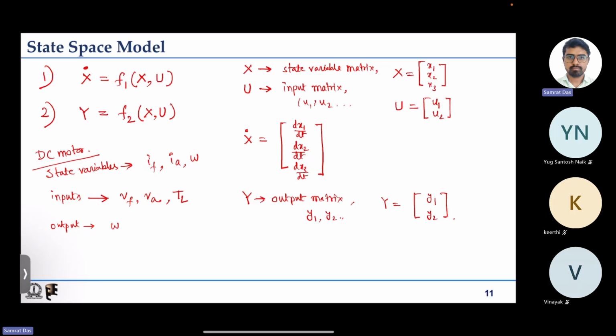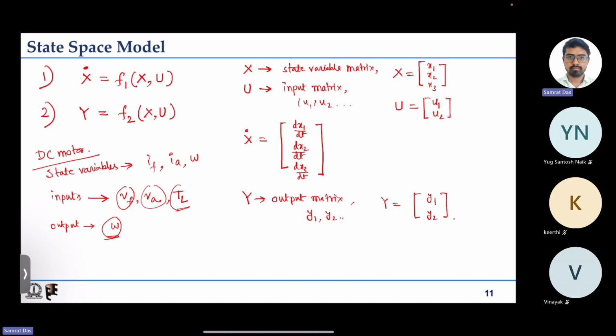So we have three state variables, if, ia, omega. We have inputs like vf, va and tl. Out of these, vf and va can be called control inputs because we will be actively controlling or changing them to finally derive the output speed, whereas this tl is called the disturbance input because it will be disturbing us on the way of reaching our output.